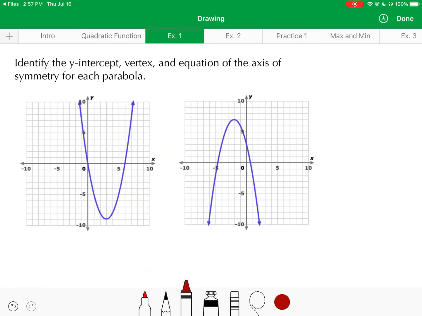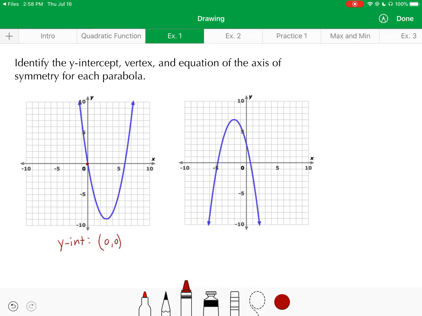All right, so let's get right into an example here. We have a couple different parabolas that are graphed here, and we just want to identify some key characteristics. So we want the y-intercept, the vertex, and the equation of the axis of symmetry for each of these, okay? So let's start with the parabola on the left that is opening upward. You can see it has a y-intercept at the origin, okay?